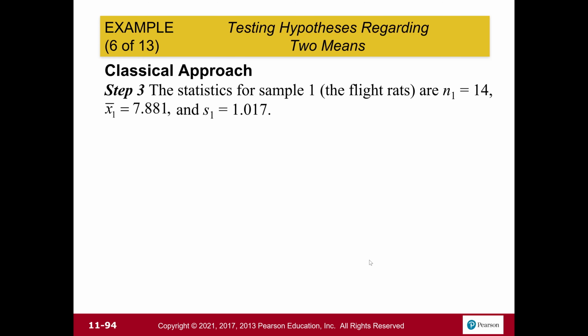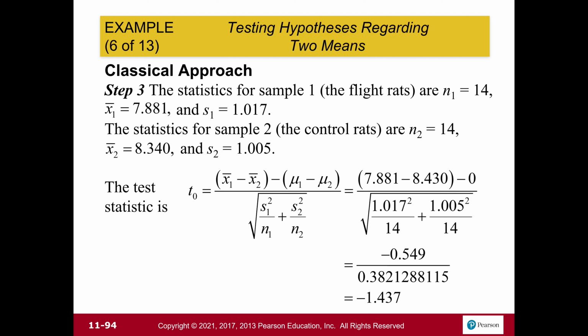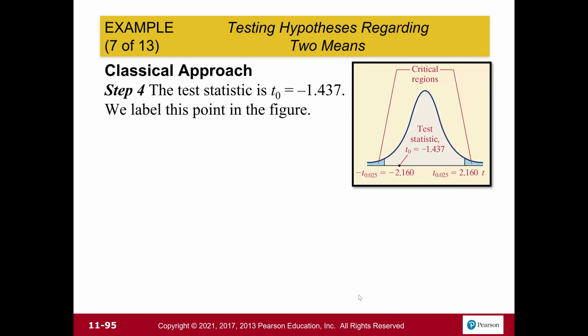The level of significance is set at 0.05, and now it's time to calculate the test statistic. And we get a negative 1.43. That is not that negative, and this is a two-tailed test too. All right.